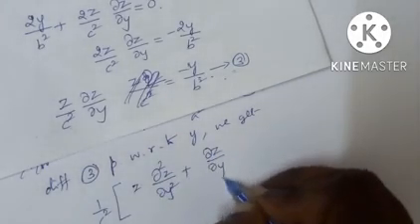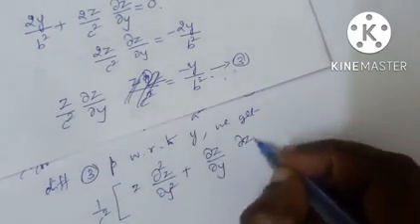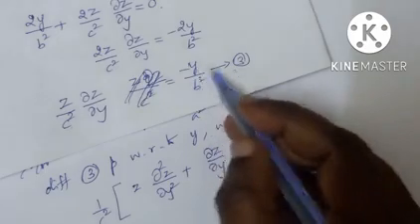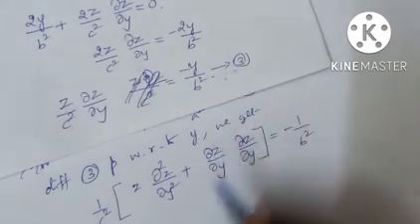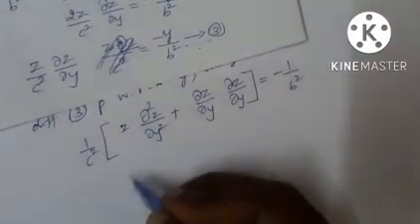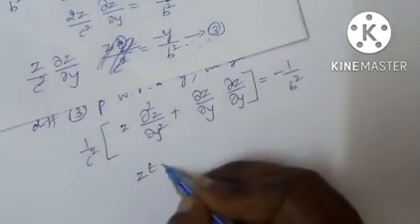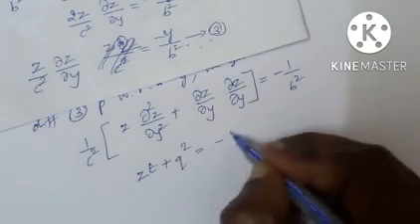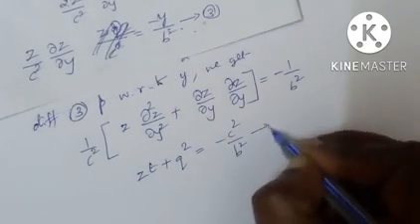Keep dou z by dou y, differentiate z, dou z by dou y. Take minus 1 by b square outside. Differentiate y with respect to y, 1. Let us simplify. This is actually t. This is q square. Get c square to this side, which is our new equation 5.